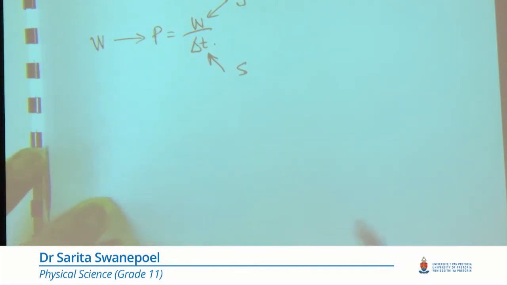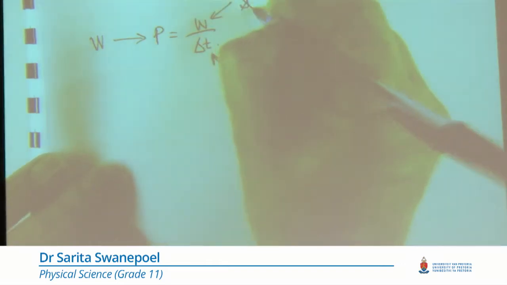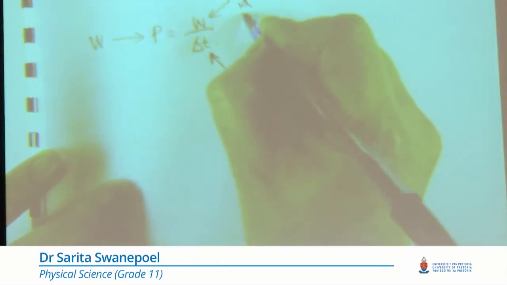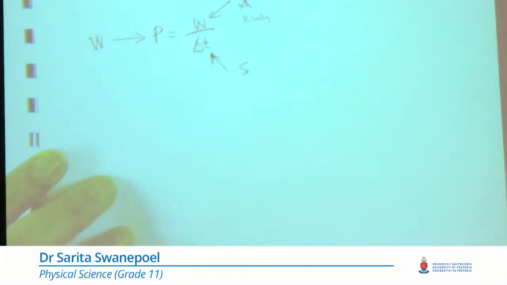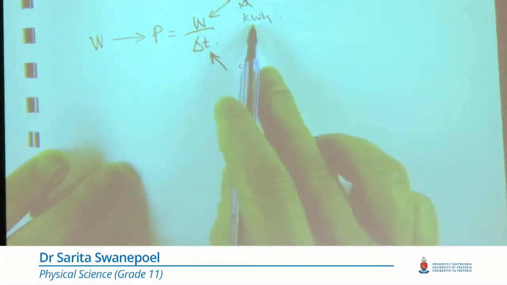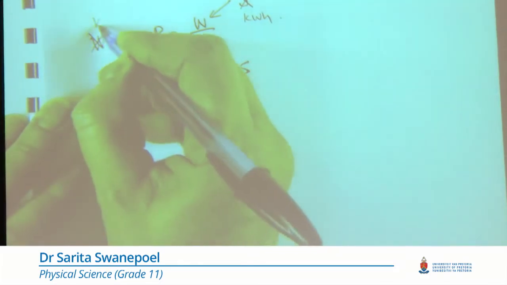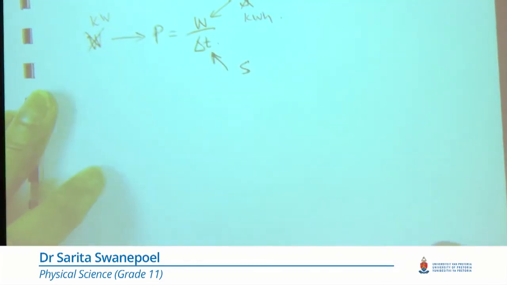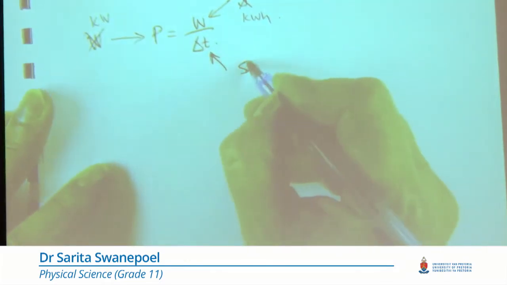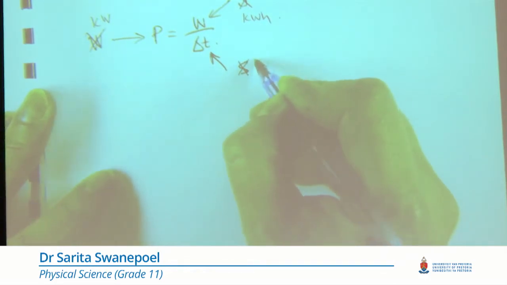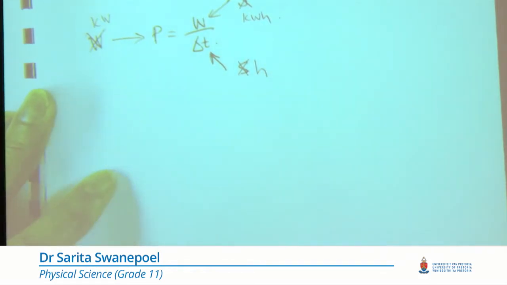We can't have that in joules because Eskom is talking about kilowatt hours, right? So instead of putting this in watts, we are now going to put it in kilowatts. And instead of putting this in seconds, we are now putting it in hours, right?